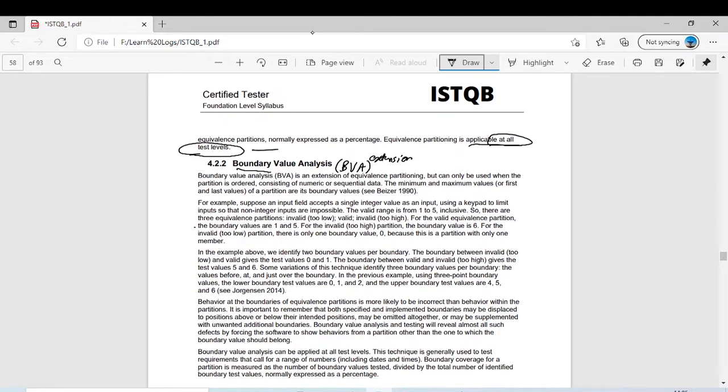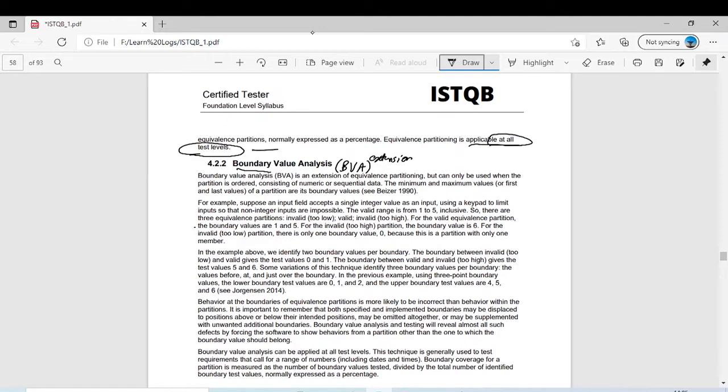So it is an extension of equivalence partitioning, because in the majority of our test cases we normally use both together, because boundary value analysis provides more in-depth knowledge on the boundaries of your system's range values. They can be used in combination, or maybe individually, but boundary value analysis is also one of the very important techniques.